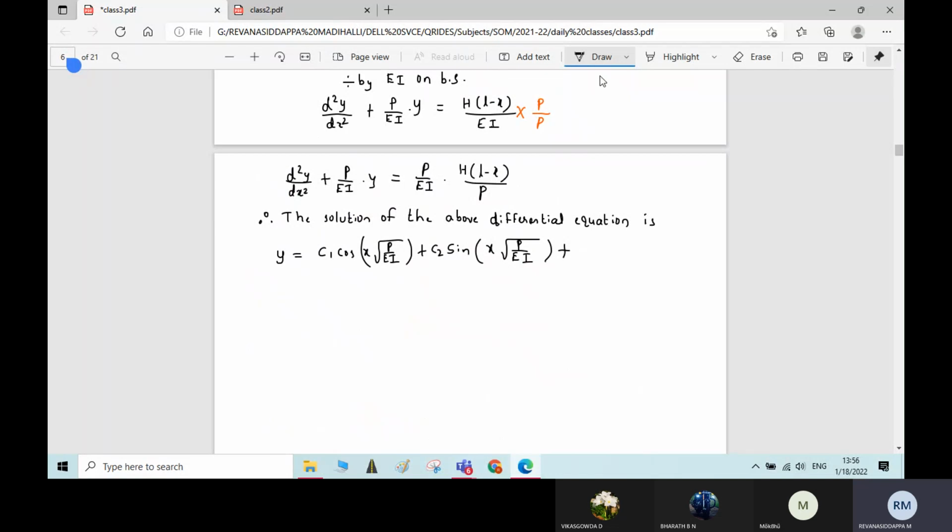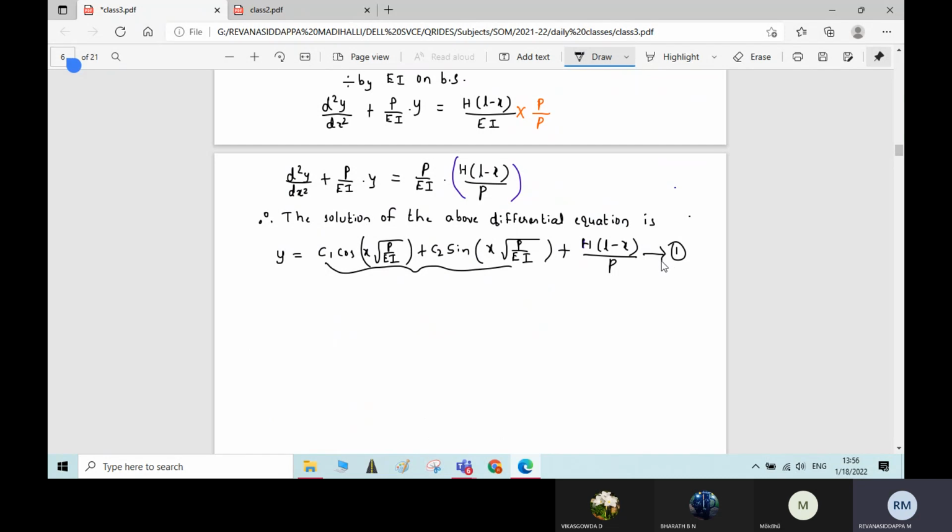Whatever coefficient we have for this p by EI in the RHS will come here, that is h into L minus x divided by p. That is how we write the solution of the equation. You only need to remember the first two terms. The third term you can write just by looking at the coefficient of p by EI in the RHS. Now call this equation number 1.